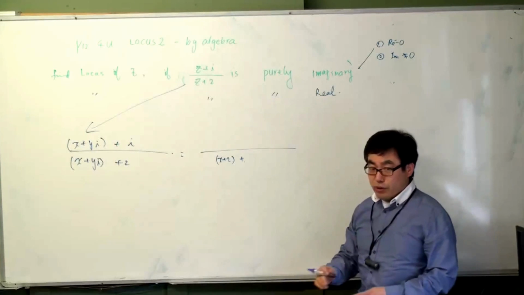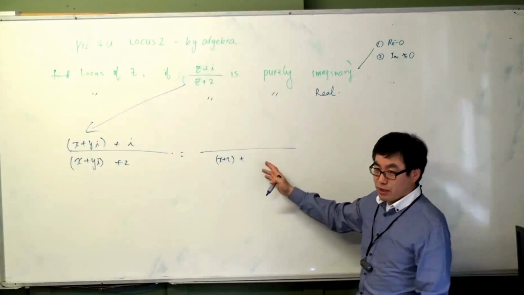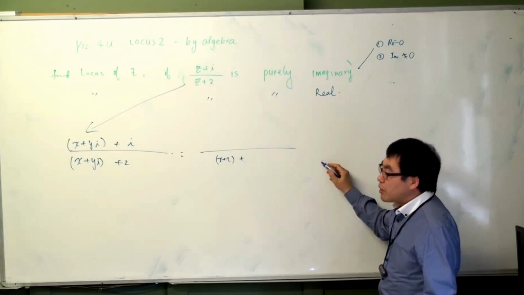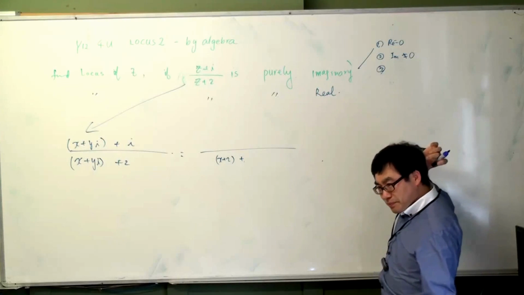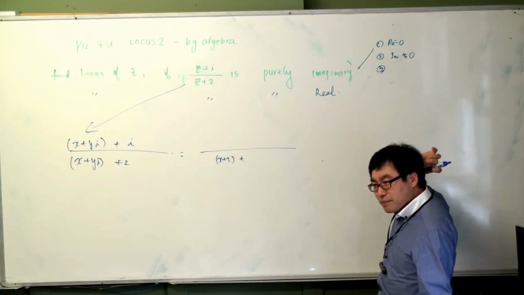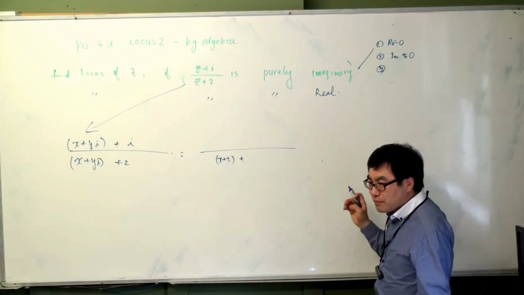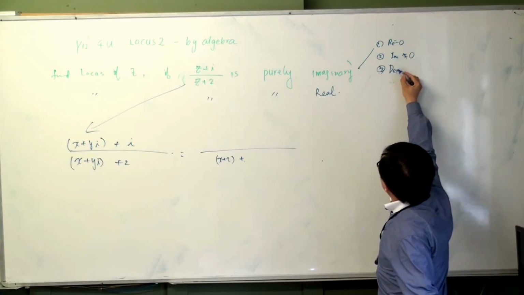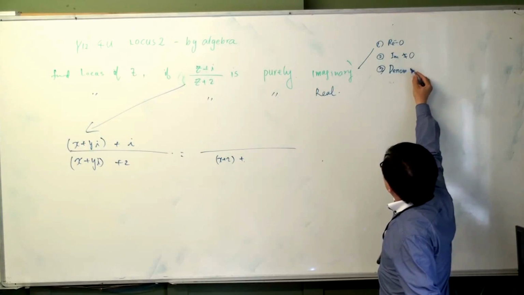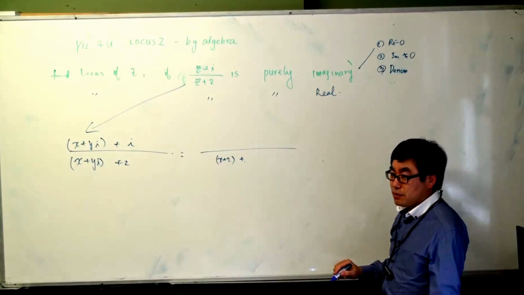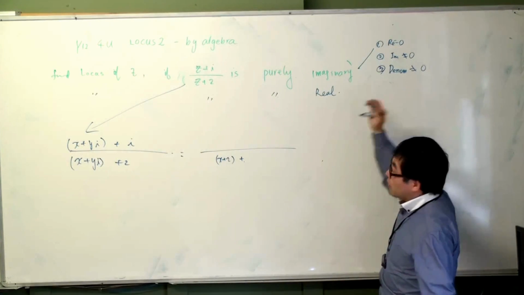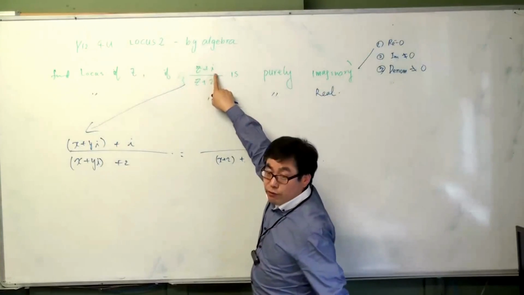If you are really brilliant students like Eugene, you already realized there should be another condition. What will be another condition? What about the denominator? The denominator shouldn't be 0, isn't it? It's automatic, because it is already a fraction.